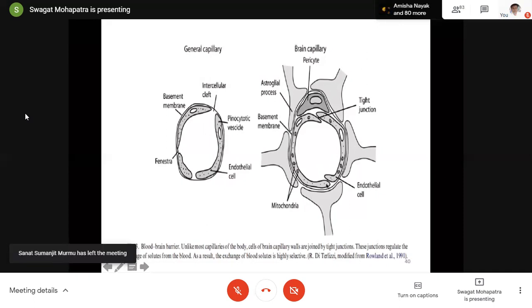Between the endothelial cells there are tight junctions, and there are also perivascular end feet covering the capillaries. This is how a brain capillary is different from general capillaries. That is why not everything from the blood will reach the brain.